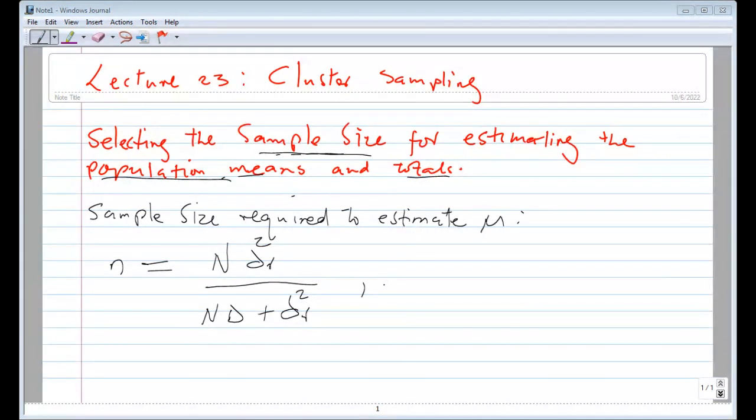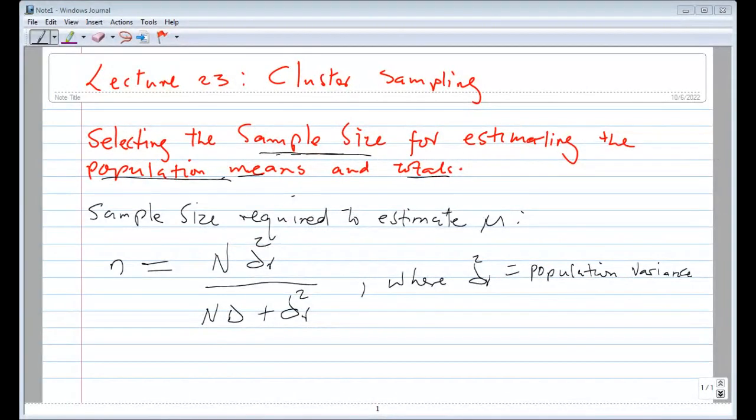where in this case sigma squared r, you know that this one is a population variance, isn't it? So this is the population variance under cluster random sampling.